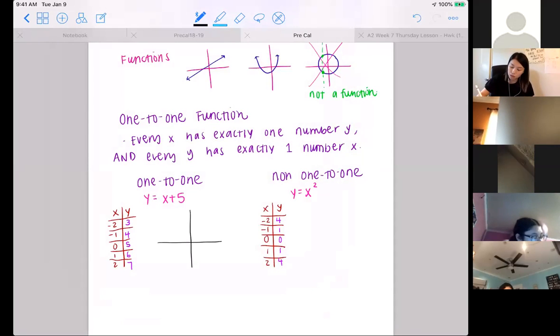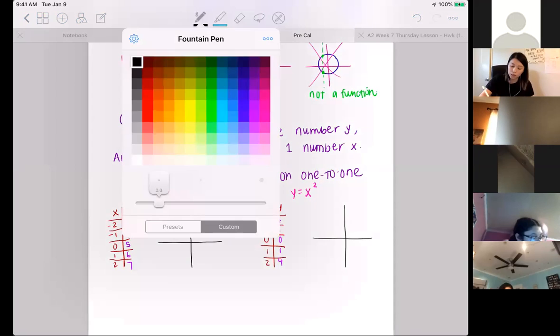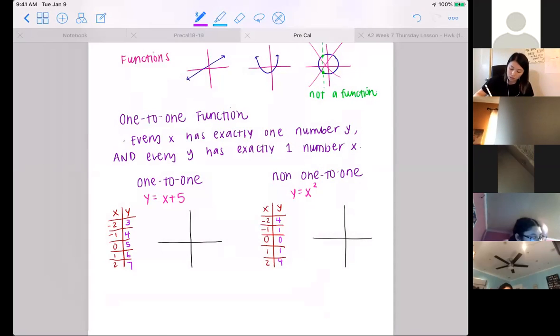And then I'll just graph it real quick. You guys should know the graph on the left-hand side is a straight line. So I'm going to find 5, and then it's just going to be a line going up like this. And my graph on the right side is just a U shape.